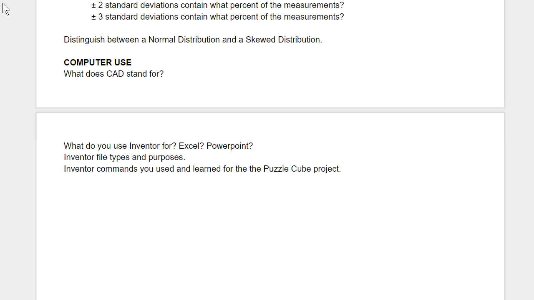And you need to know the different commands that you've used in making the puzzle cube parts. So mostly you've done 2-point rectangles and you've done extrusions and things of that nature. So that one should be pretty straightforward if you finish the puzzle cube project. And that is a quick overview of things you need to go study for through the Introduction to Engineering Study Guide.